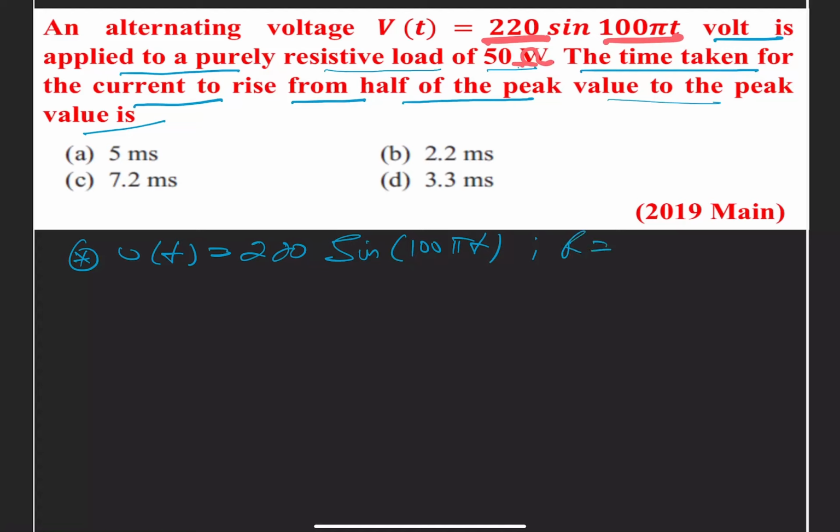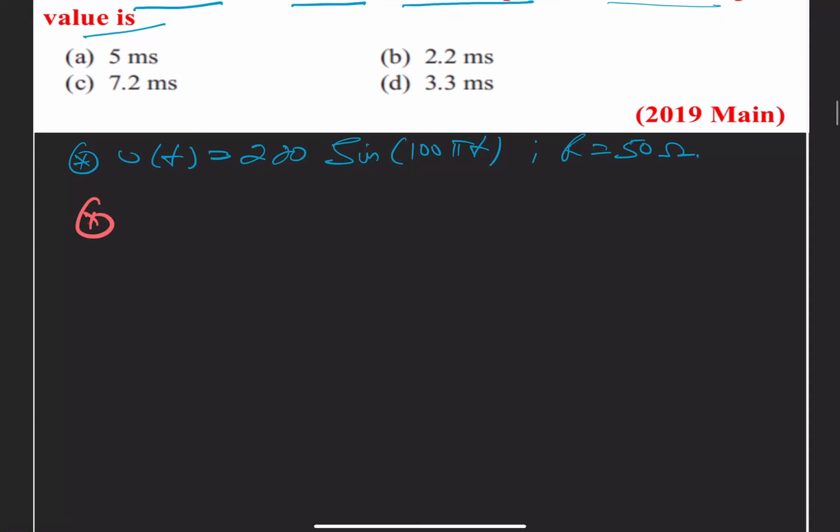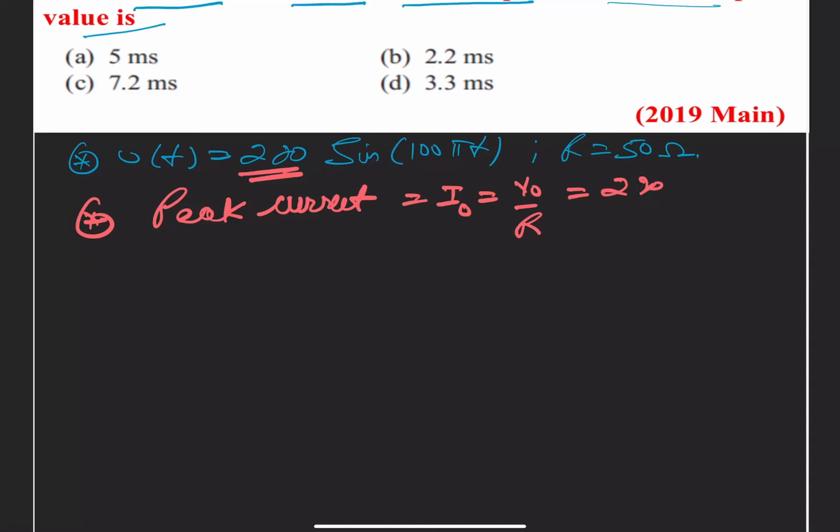So let us determine the peak value of the current. Peak current I naught is equal to V naught divided by R, and V naught is 220. So we get 220 divided by 50, which equals 4.4 ampere. This is the peak value of the current.